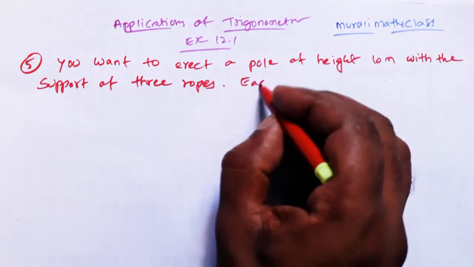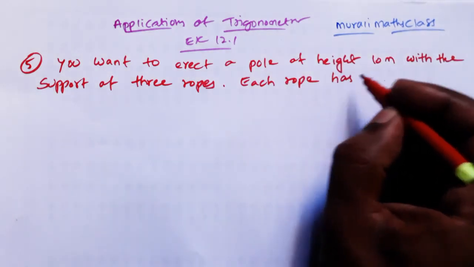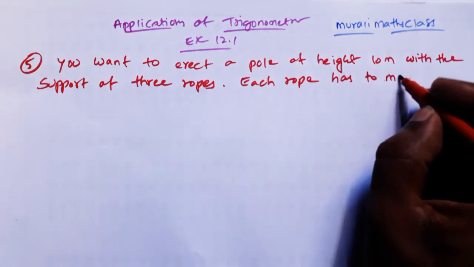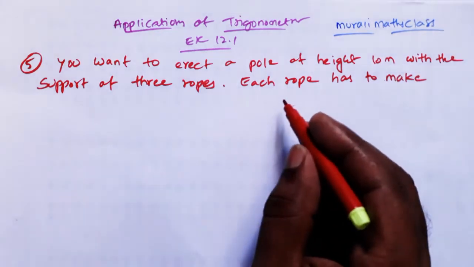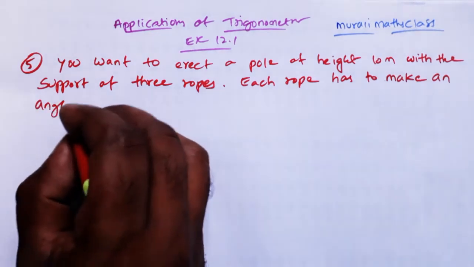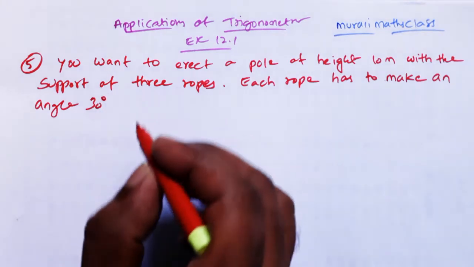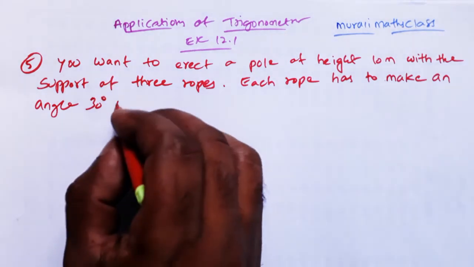Each rope has to make an angle 30 degrees with the pole.